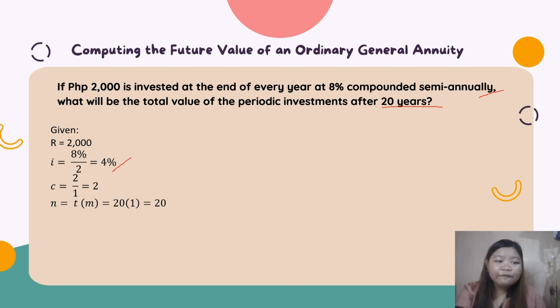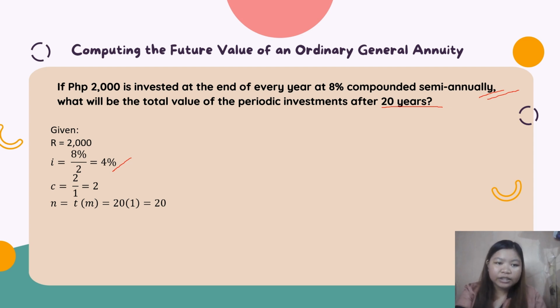Then we have C is equal to 2 because 2 is the number of conversions per year. We have semi-annually here, so we have 2. Then all over 1 because he will pay it every year. So 2 divided by 1 is equal to 2.